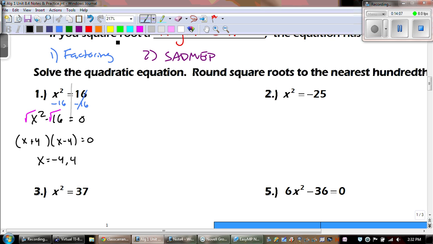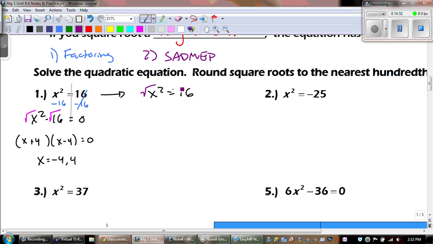But Mr. Grice, why are you teaching me a new method if we're doing the old stuff? Well, let's look at another way. I can do this if there is no linear term. I can do the inverse operations. Is there a linear term? Nope. So if there's no linear term, that means I can do inverse operations.